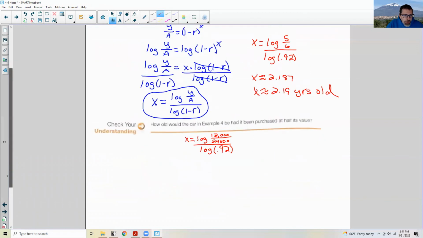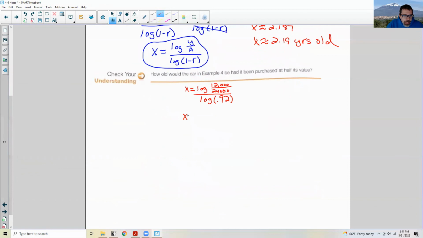Okay, so that's how we're going to answer this question. So X is going to equal, well, 12,000 over 24,000 is a half, so that's a log of a half divided by a log of 0.92. And since I'm doing fractions or decimals in the denominator, how about I do a decimal in the numerator? 0.5. That's a half, right?